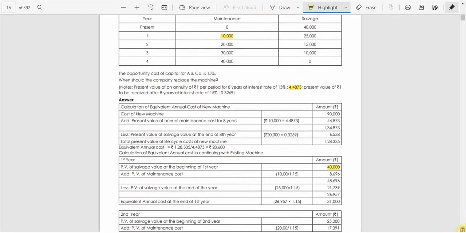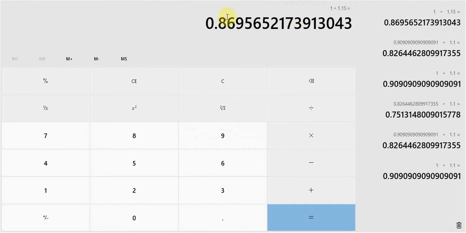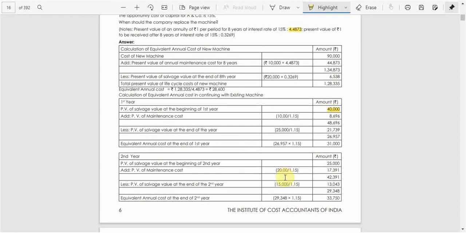So 20,000 into 0.869 comes to around 17,391. So total outflow is 42,391.